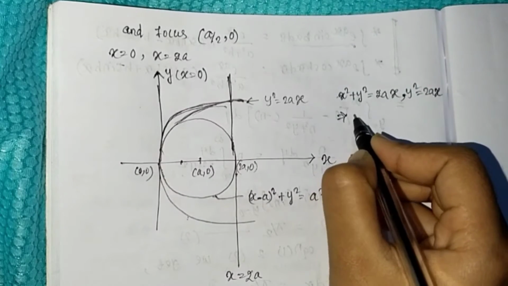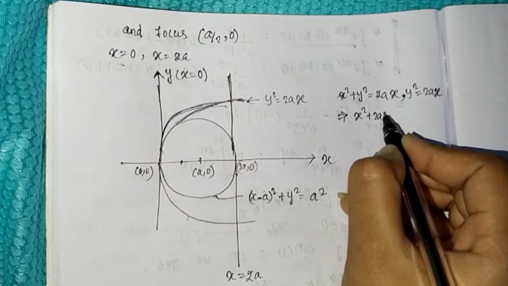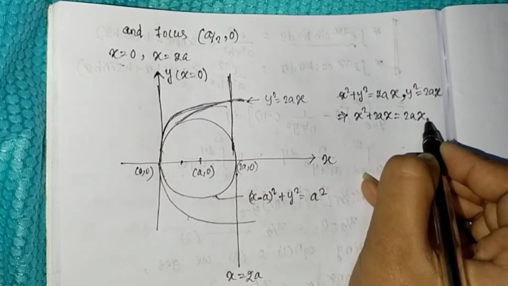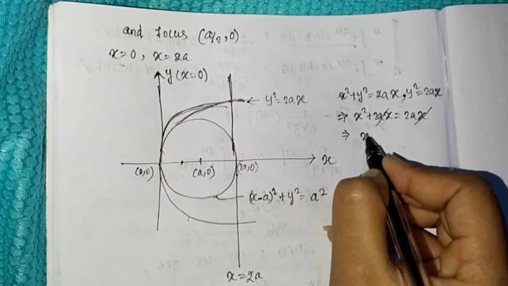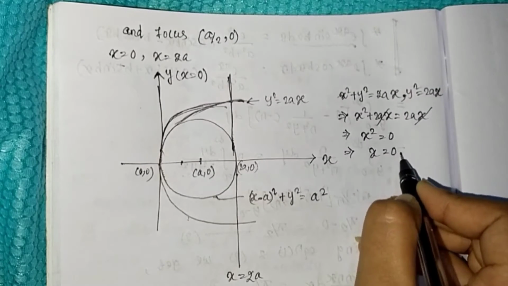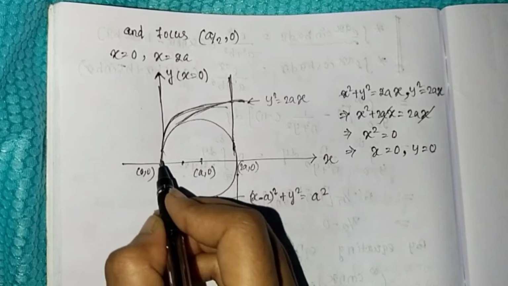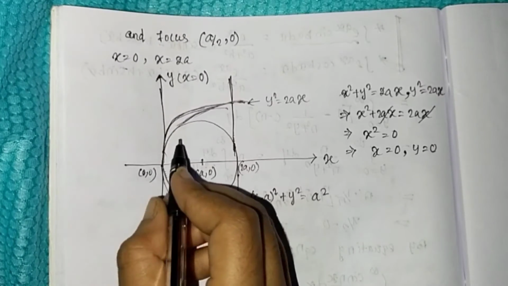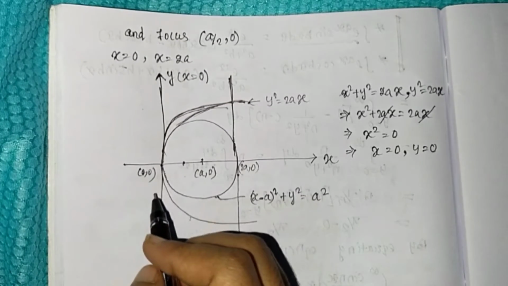That implies x square plus 2ax equal to 2ax. That gets cancelled out, that is x square equal to 0. That implies x equal to 0. So our y is also 0. So only at the 0, 0 point do the circle and the parabola intersect.